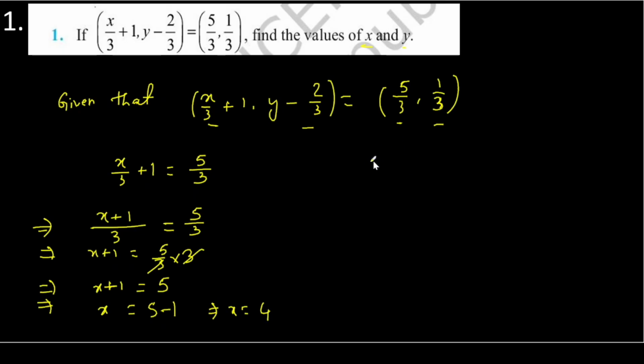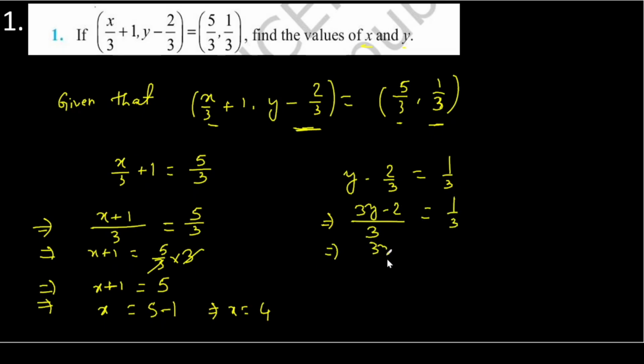Now we'll calculate the value of y. So y − 2/3 equals 1/3. 3 will be the LCM, so (3y − 2)/3 = 1/3, and 3y − 2 equals 1/3 into 3. The 3 cancels out.